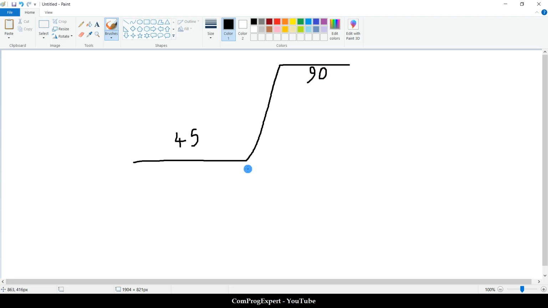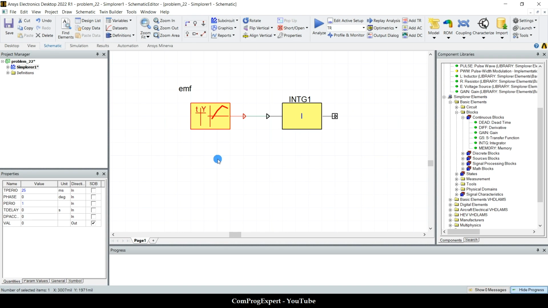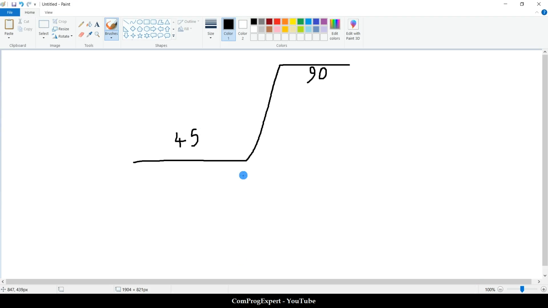From the numerical point of view in the software, we don't have zero time for this rise. You need to consider a rise time, however a very short one. So we can consider this epsilon here and epsilon here.